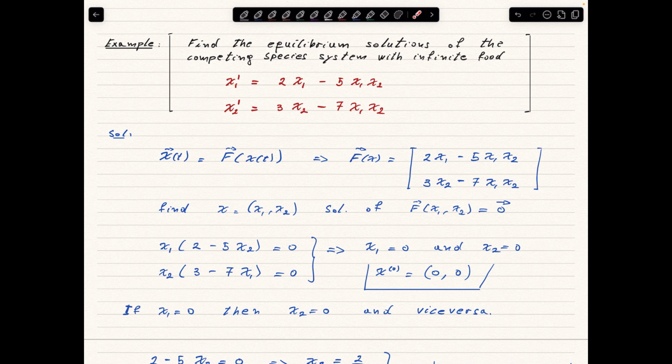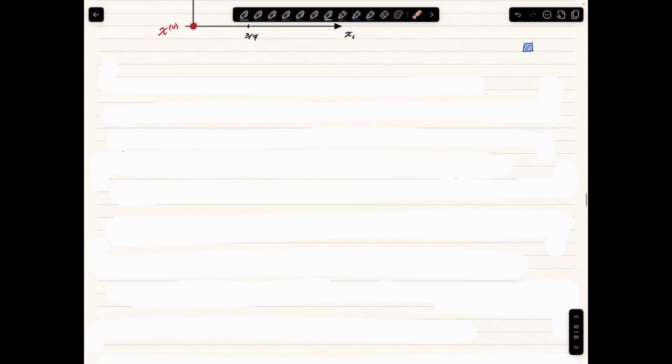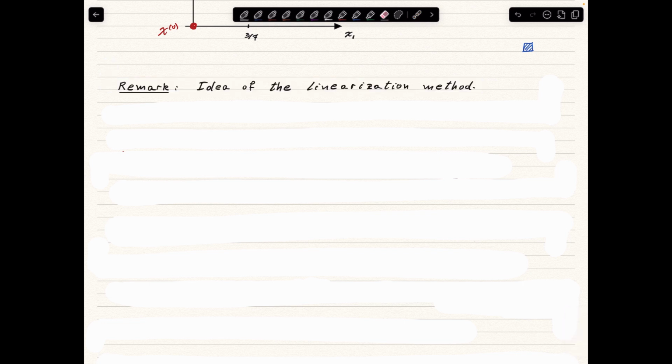Equilibrium solutions are going to play an important role in how we obtain qualitative or approximate solutions. And the method we are going to use to obtain this rough idea of how the solutions behave is called the linearization method. Here we are going to describe the main idea behind the linearization method.